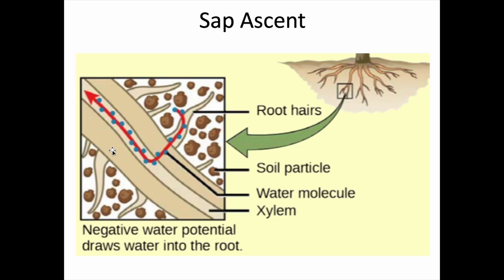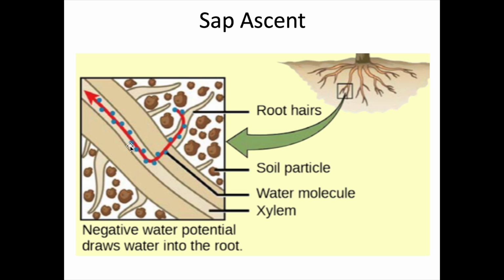This is going to happen by lowering the water potential in the roots, and the cells of the plant can manipulate their own water potential, create this sort of negative water potential in the root by packing it full of solutes. By putting a bunch of solutes inside of these cells, it makes negative water potential.